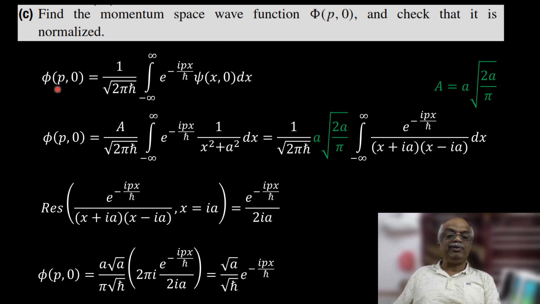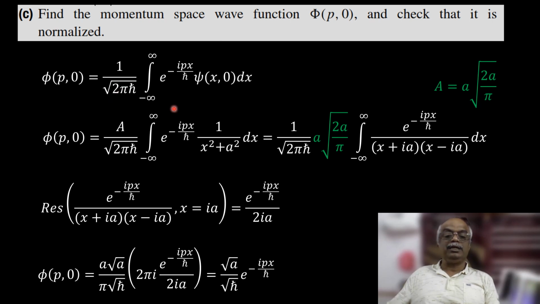In order to transform the position space wave function to the momentum space wave function, we are using the Fourier transformation technique, which by definition is phi of p equals 1 over square root of 2 pi h cross, integral from minus infinity to plus infinity, e power minus i px over h cross, psi of x, dx.